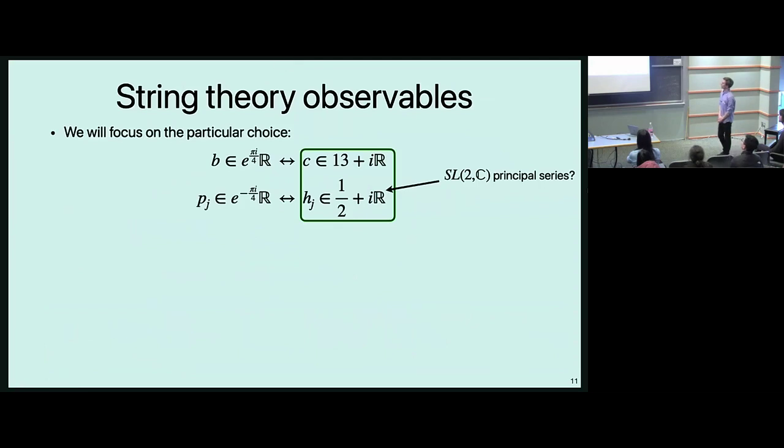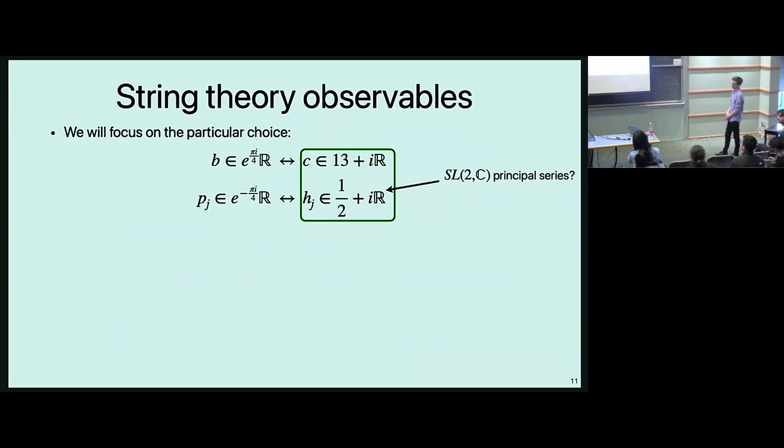Okay, so in the bulk of the talk, I'm going to focus on the particular choice, as I've said many times already, corresponding to central charge having real part 13. It will also be convenient, and I don't think I have said this yet, to consider the case where the Liouville momenta, little p, have the opposite phase, so e to the minus pi i over 4. And these correspond to conformal weights equal to a half plus i times the reals.